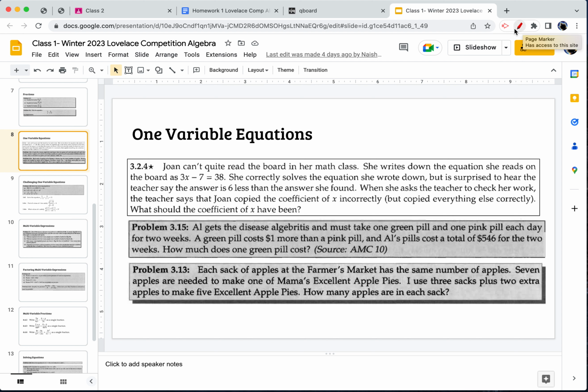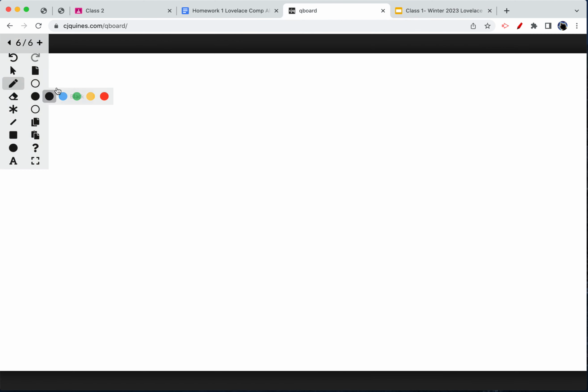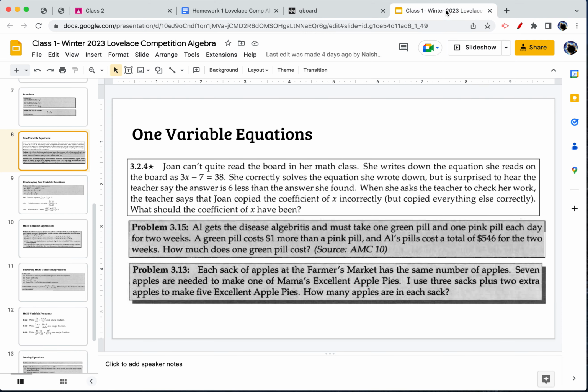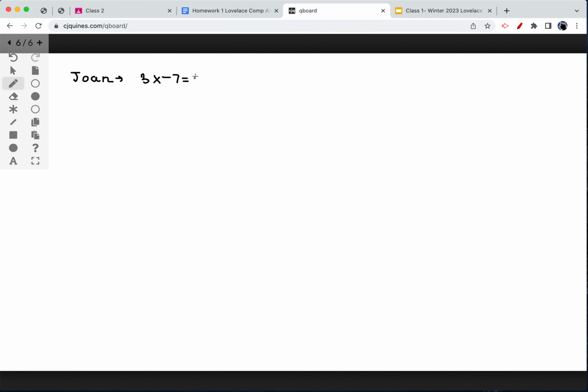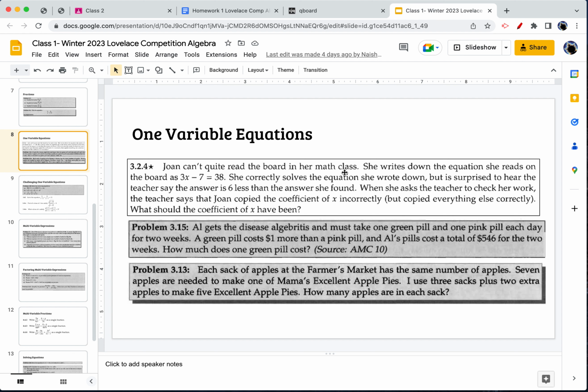So the problem says Joanne can't quite read the board in her math class. She writes down the equation she reads on the board as 3x minus 7 equals 38. She correctly solves the equation she wrote down, but is surprised to hear the teacher say the answer is 6 less than the answer she found.